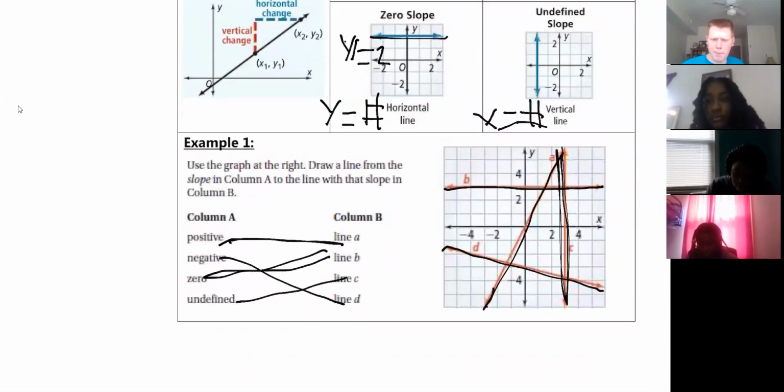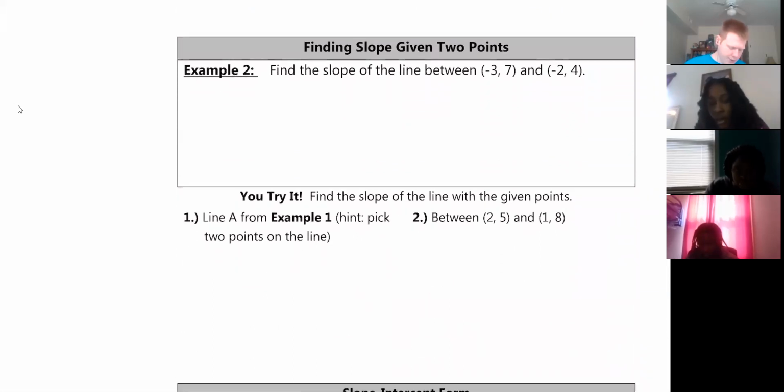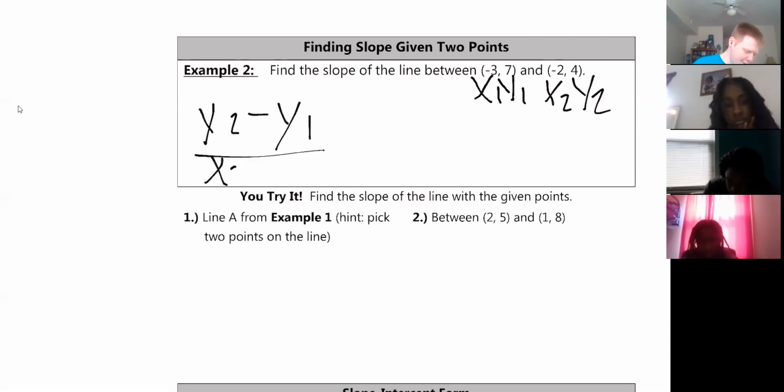All right, so we're going to go to the back side of this. Just practice finding slope. Remember, this is your first x value, first y value, second x value, second y value. So that formula is y2 minus y1 over x2 minus x1.